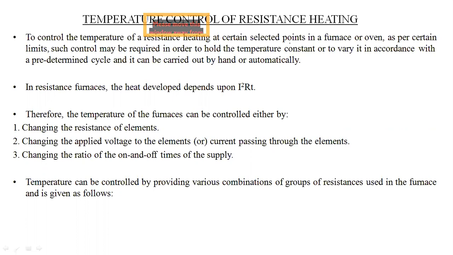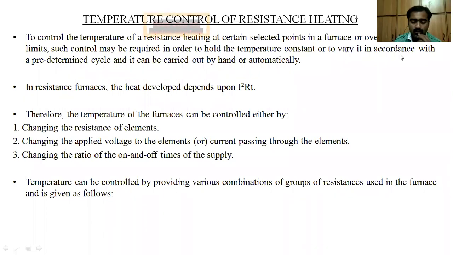So for each and every process, we are going to consider one furnace. In resistance heating, we have considered salt bath furnaces, another being a boiler. Whatever substance you want to be heated, we place in that boiler, with electrodes immersed in that furnace, and we make the furnace heated, and by that heat we transfer heat onto the substance to be heated. So these are the processes we have considered.